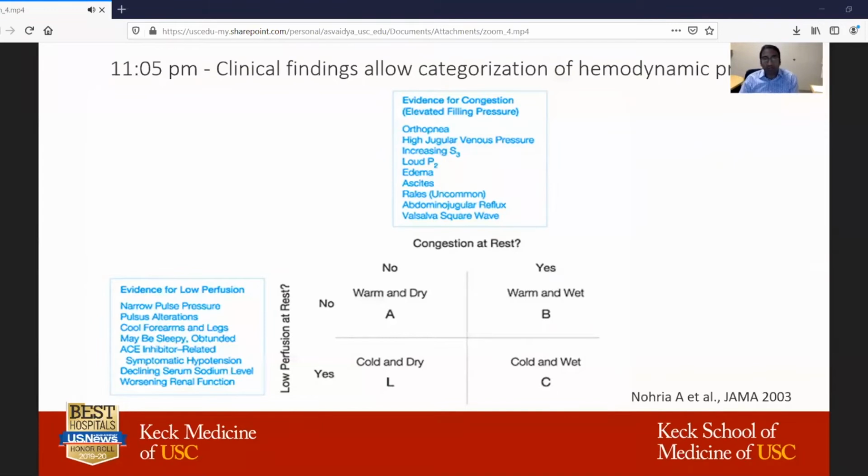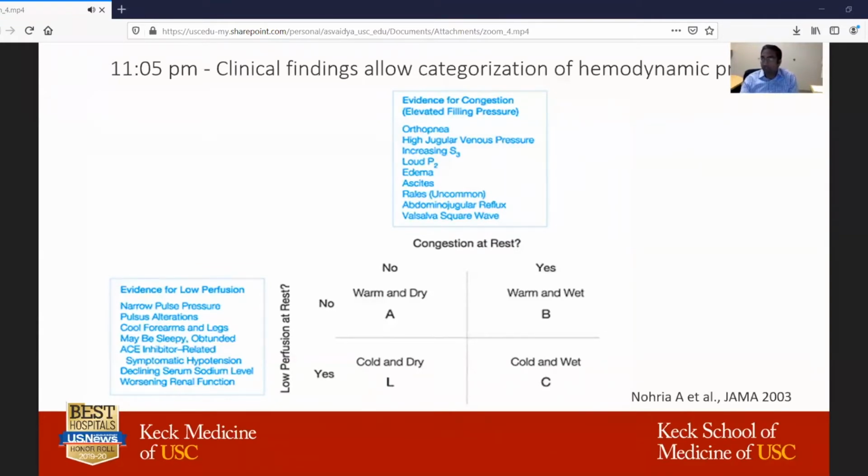Evidence of congestion includes orthopnea, elevated JVP, an S3 on auscultation, edema on exam, things like that. That tells you whether the patient is wet or dry. Signs of hypoperfusion include a narrow pulse pressure, cool extremities, altered mental status, and evidence of end organ dysfunction. That tells you whether the patient is warm or cool.